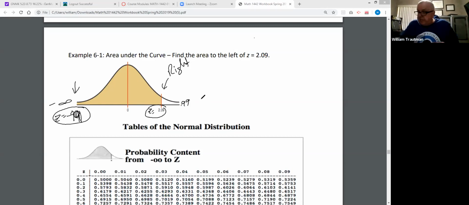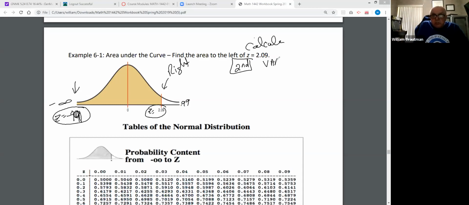And we're going to figure this out. Let me type it in first. We're going to hit second, vars, and then we have to go to number 2.